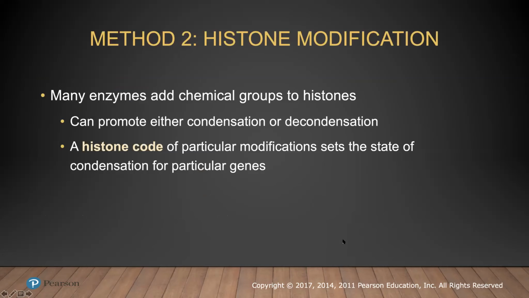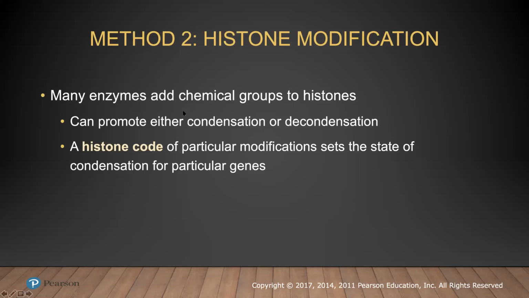All right, so method 2 is going to be histone modification. And this is going to involve a wide variety of enzymes that are able to add different types of chemical groups onto the histones themselves. And what we're going to see here is that the chemical group that the enzyme adds can either promote condensation or it can promote decondensation.